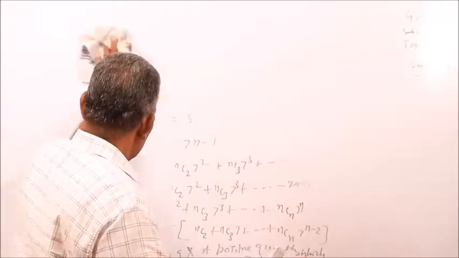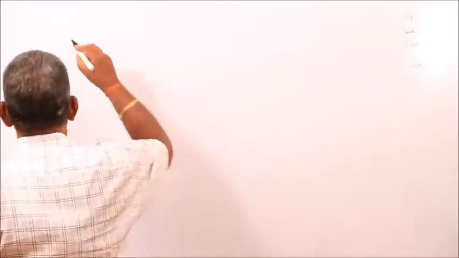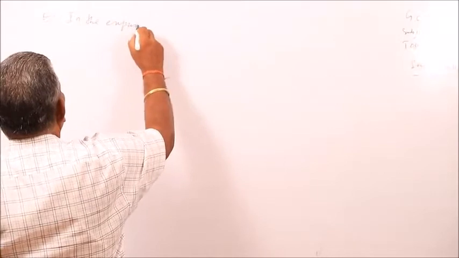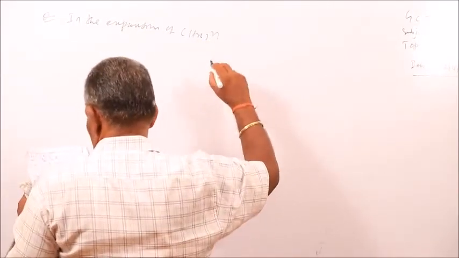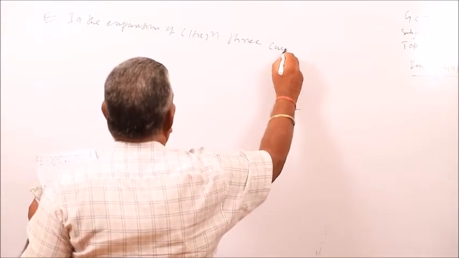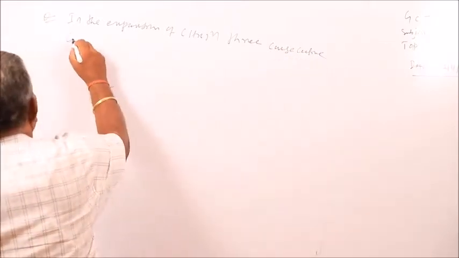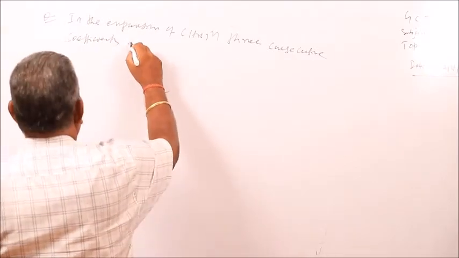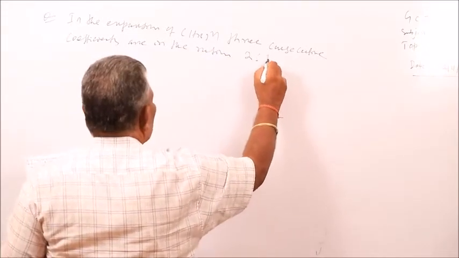Next problem: in the expansion of 1 plus x whole to the power n, 3 consecutive coefficients are in the ratio 2:15:70.